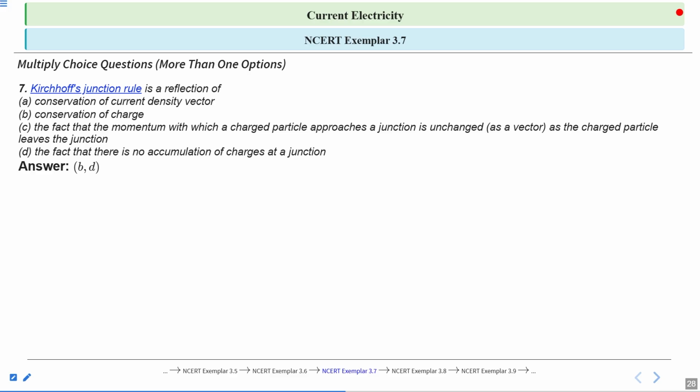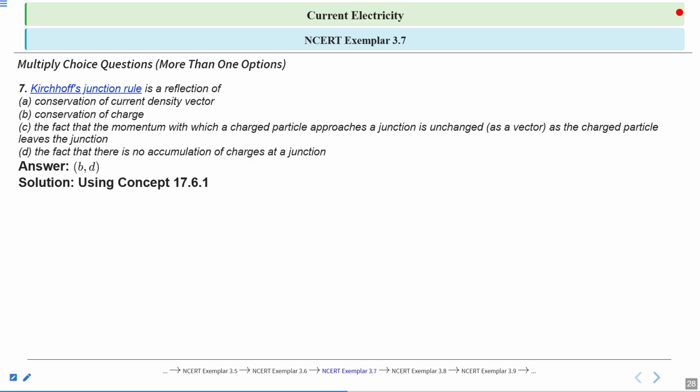This is in accordance with there being no accumulation of charges at the junction. If there were some accumulation of charges at the junction, the charge entering and leaving the junction would not be the same. But it is the same, so it is based on conservation of charge and represents that there is no accumulation of charges at the junction. So options B and D are correct.